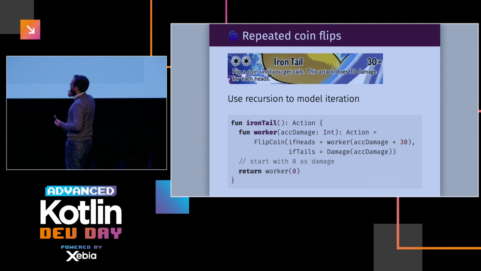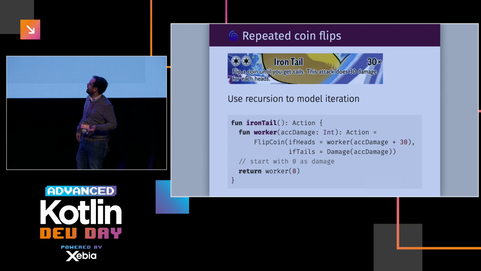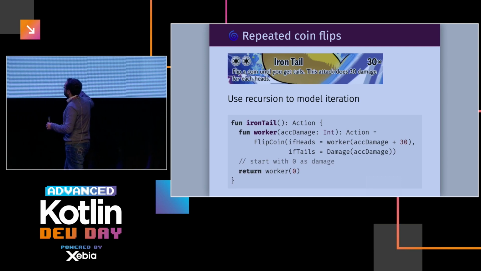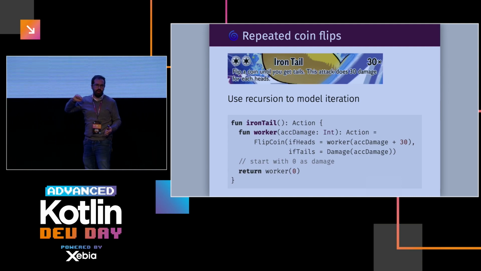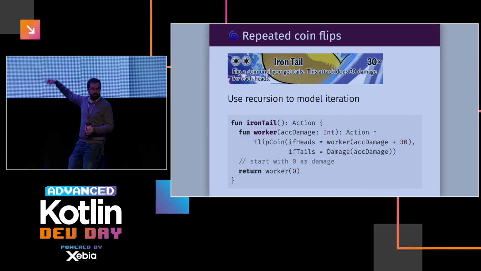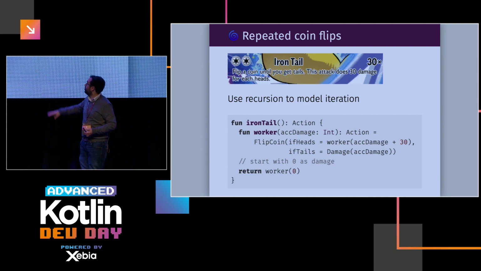In the case of Iron Tail, for example, what we can do is use a recursive worker. So essentially we create a flip coin constructor, and then if it's heads, we keep looping. We go again into the recursive loop, the worker, and we accumulate some damage.